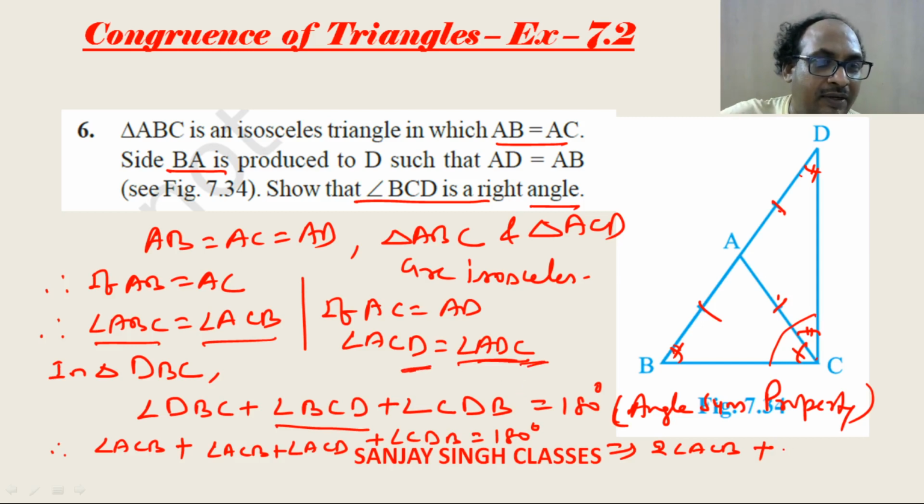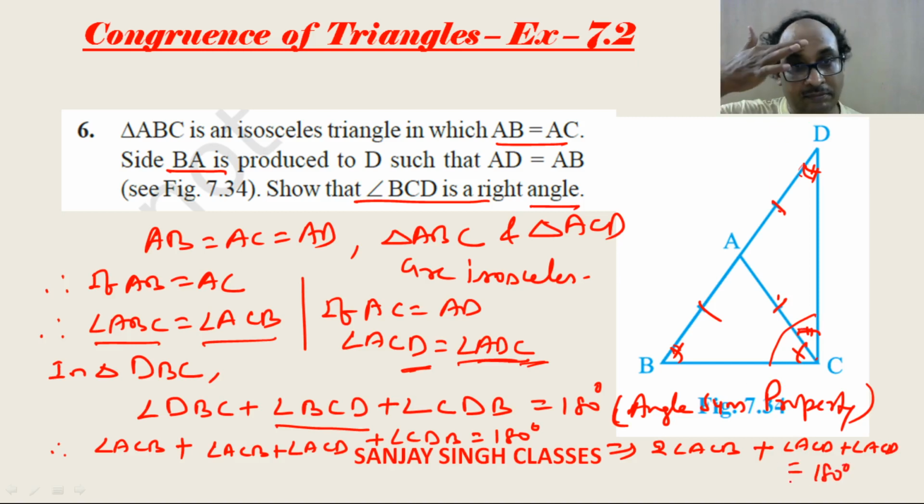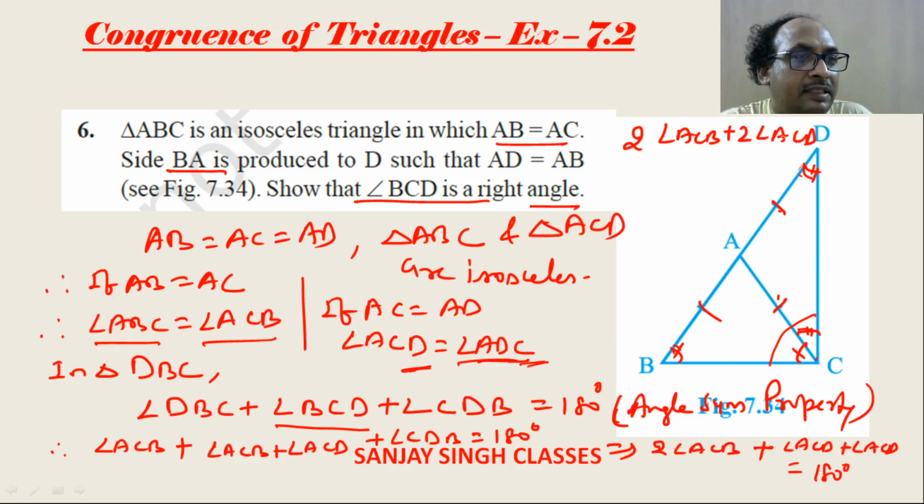So here I can write 2 angle ACB plus angle ACD plus angle ACD, because this angle is equal to this angle, and it is equal to 180 degree. Further, 2 angle ACB plus 2 angle ACD is equal to 180 degree.